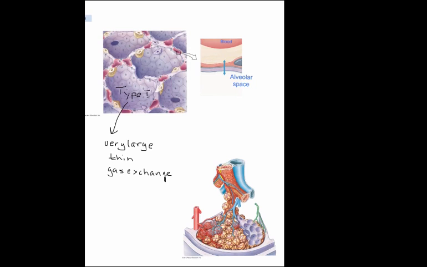There are a few of this other type of cell right here that are called type 2 cells, and these cells are far less abundant, but they secrete surfactant. And surfactant is very, very important for reducing the surface tension of the alveoli and makes it easier to expand the lungs and breathe. So decrease surface tension.